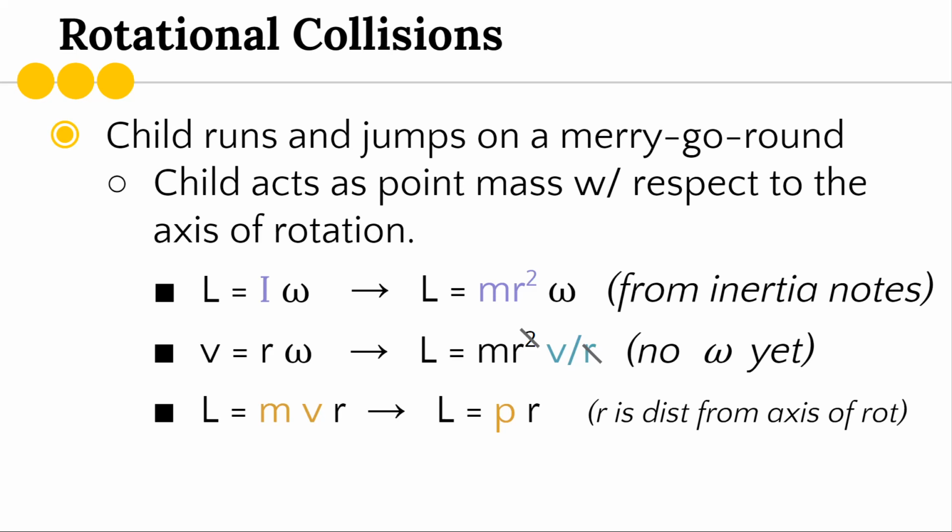Again, note mv is also equal to the linear momentum, so you could rewrite the equation like this, depending on what you need and what you have. But this distance r right here is going to be the child's collision point with the merry-go-round as measured from the axis of rotation. So it's the lever arm, the distance from the axis of rotation.